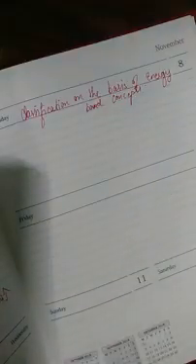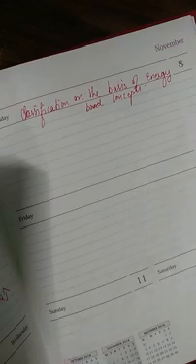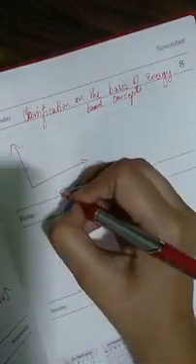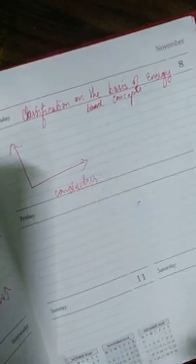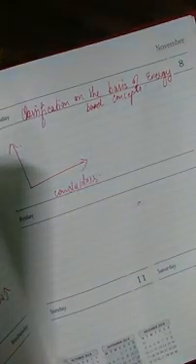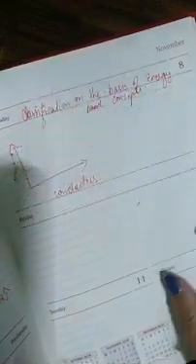Now the next is classification of materials on the basis of energy band concept. Without going into much detail, I'll just give a diagram. First of all, we'll draw for conductors. Now for conductors, this level shows the energy.